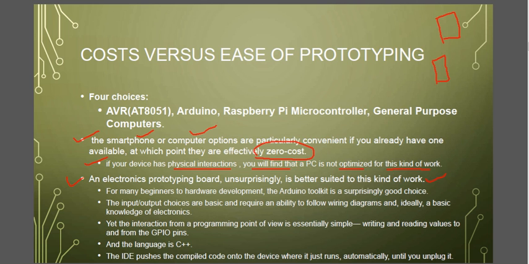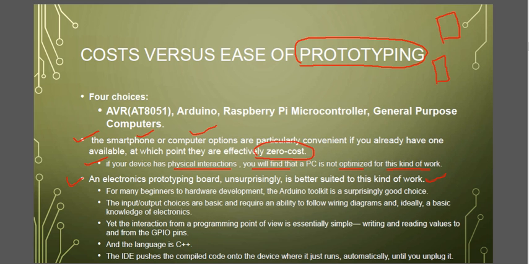So the 4 options or choices that we saw, okay, AVR, Arduino, Raspberry Pi and general purpose computers, these boards are readily available in the market, so they are better suited for this prototyping design.